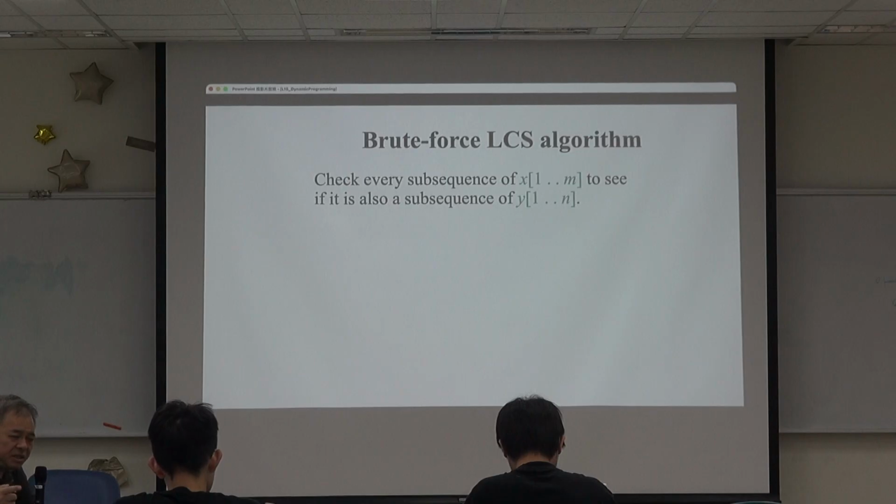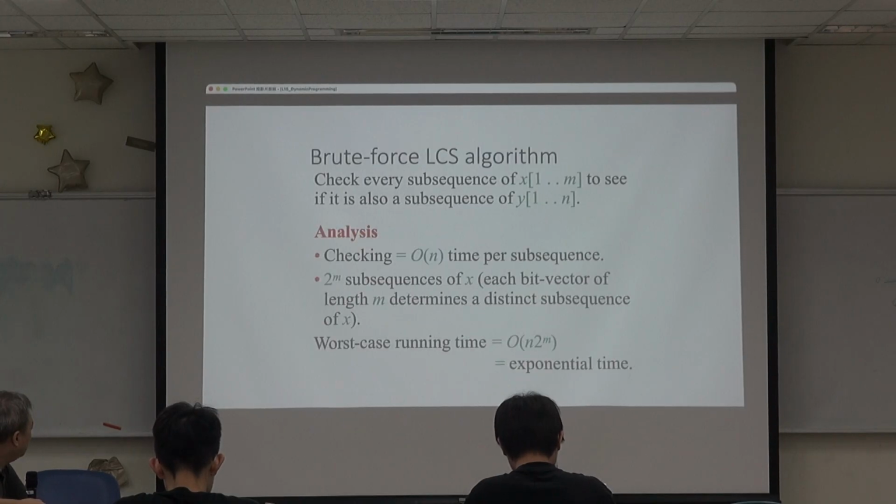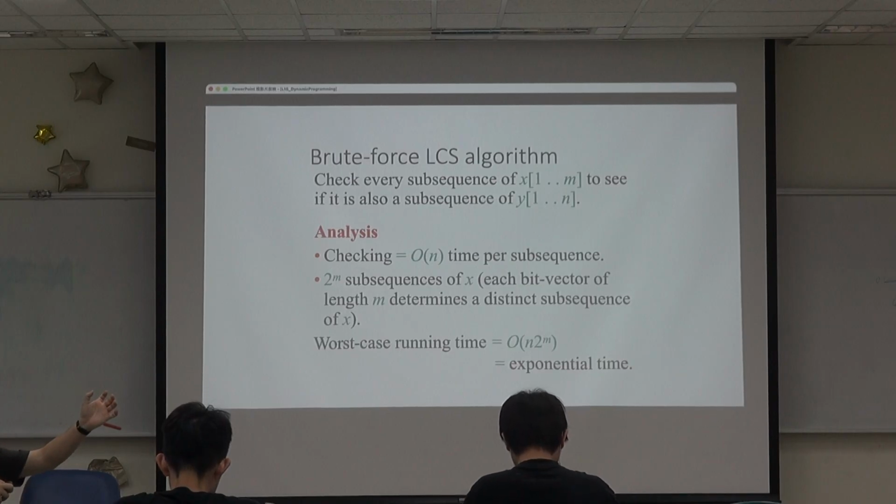Remember, the elements of a subsequence do not need to be consecutive, right? 就是这个 subsequence 它可以是，就是它的元素可以隔开来。So having said that, for every character in the sequence X, it could be selected or not selected. So there are two choices, right?